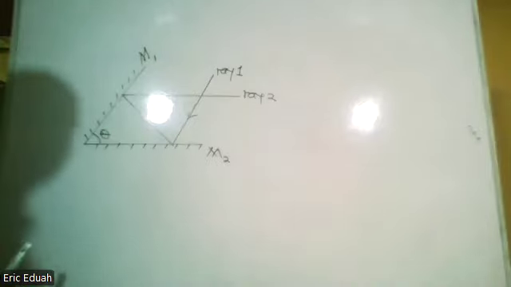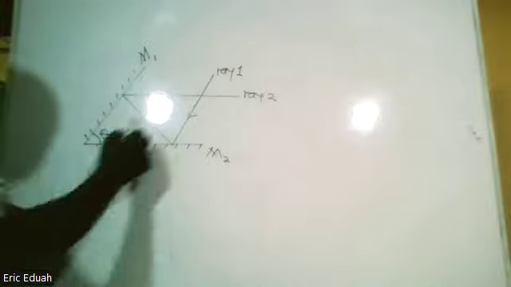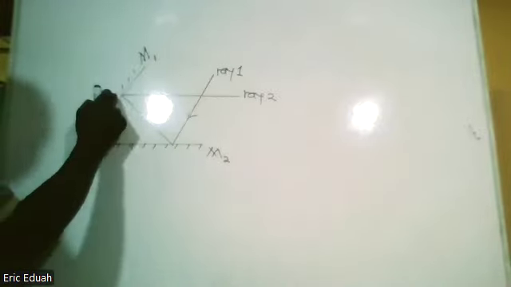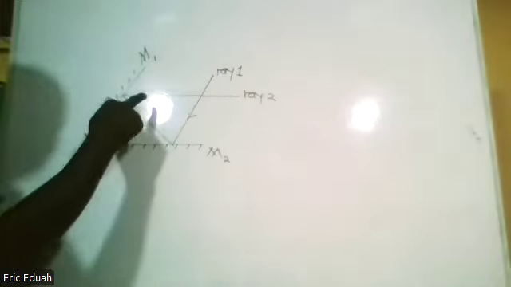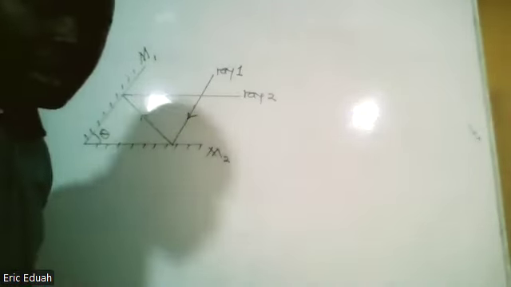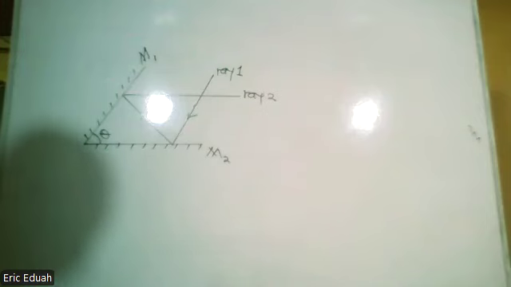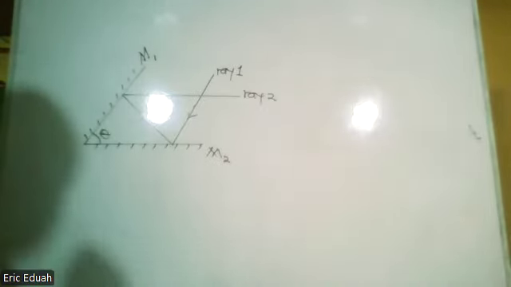So ray 1 is parallel to mirror 1 and strikes M2. After undergoing two reflections, the ray 2 becomes parallel to mirror 2. This is the diagram. And so the next question demands that we find the angle theta. The hint I gave you last time was that if two lines are said to be parallel, then they must have the same slope or gradient.